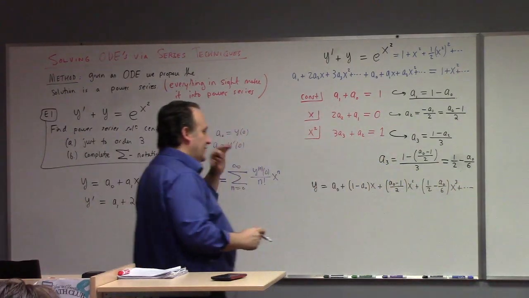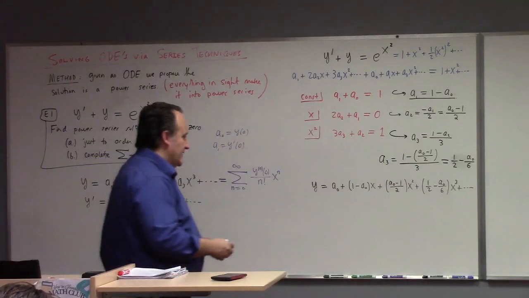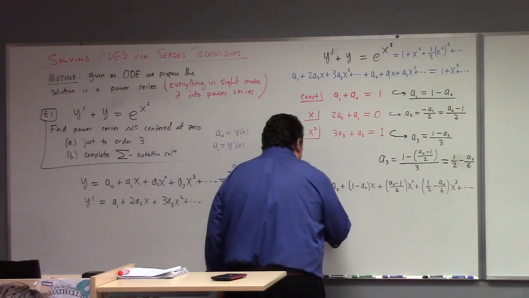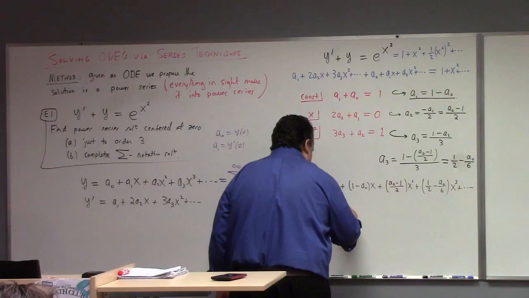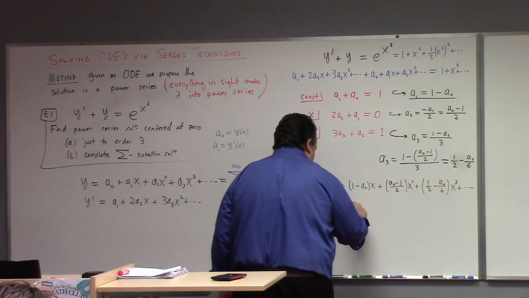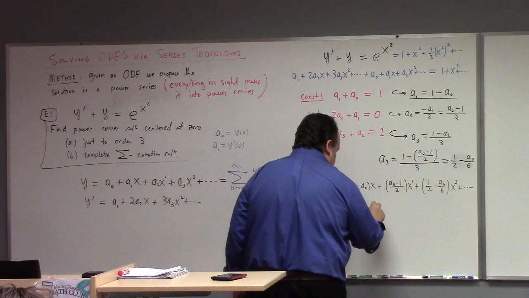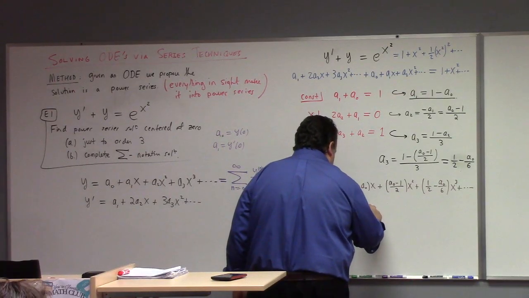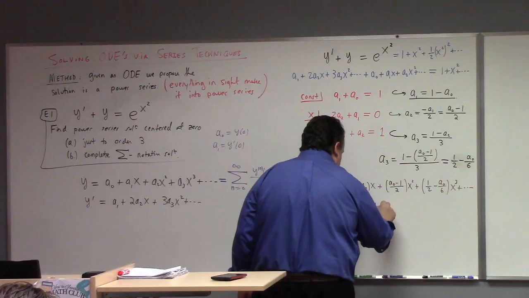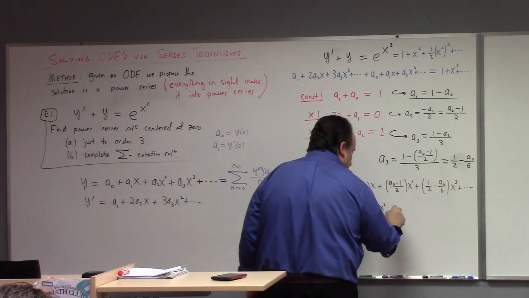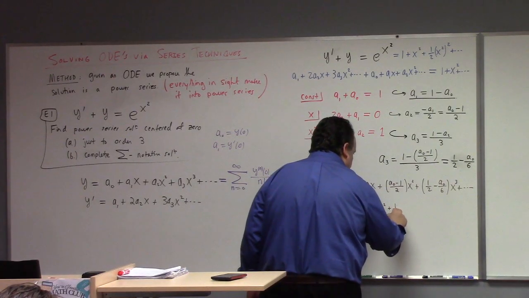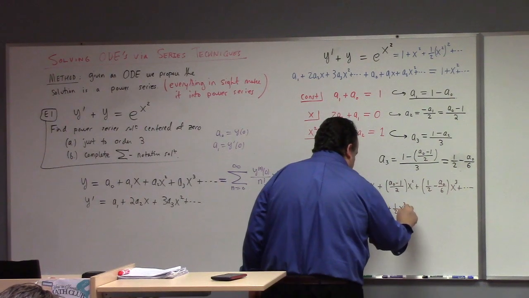Now I want to clean this answer up just a little bit to emphasize what's going on here, right? So we've got y is equal to a sub 0 times what? Well, times 1 minus x plus 1 half x squared plus 1 half x cubed if I haven't made a stupid mistake somewhere.